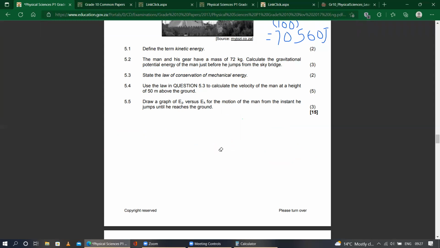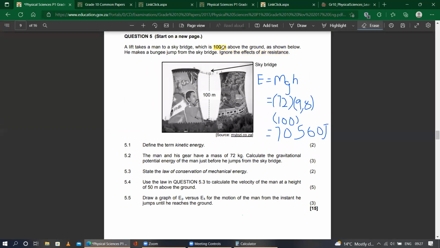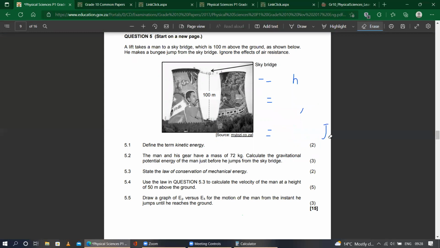Even here they state to ignore the effects of air resistance, so from that you know that the system is closed, because there are no external forces interrupting.